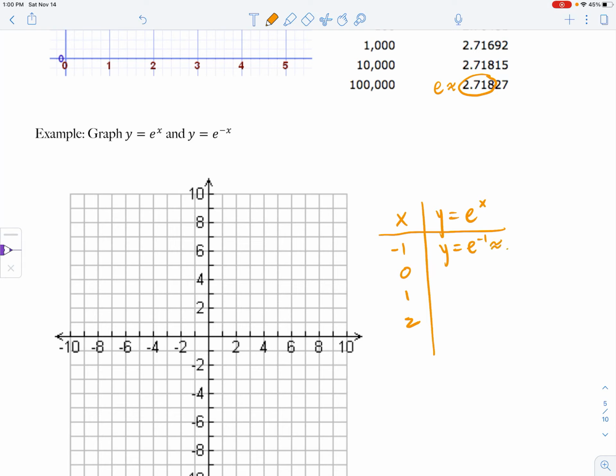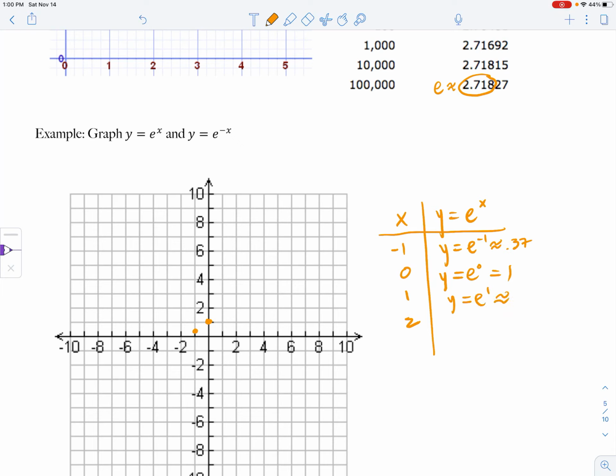Okay, so if we plug in -1 for x, that's approximately 0.37, because that would be 1 over e. So approximately 0.37, I'm going to attempt to graph that. If we plug in 0, we get 1.